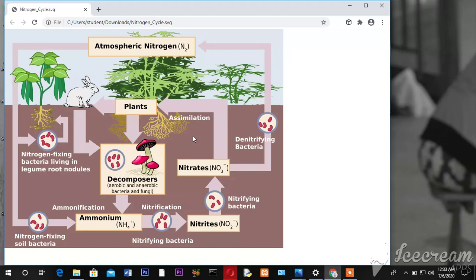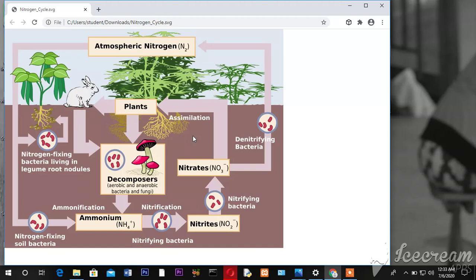First of all, I would like to remind you that nitrogen makes up 78% of the gases in the atmosphere. So these gases have a huge amount of nitrogen which needs to be extracted here on earth and used by the organisms.